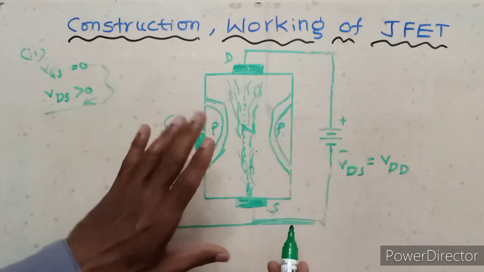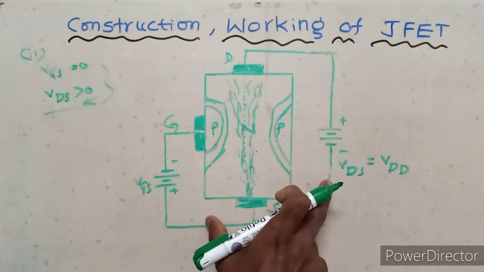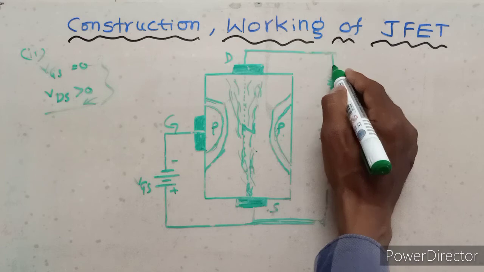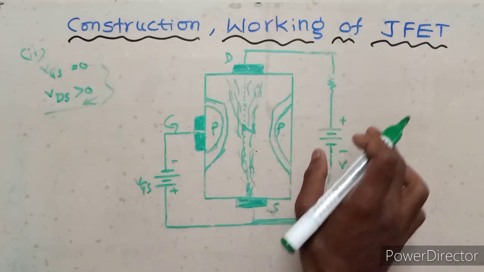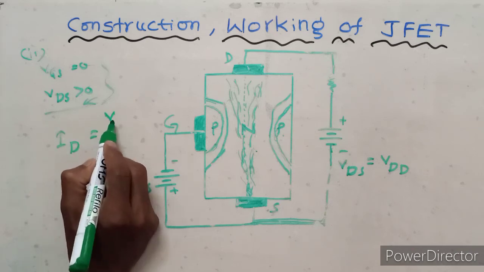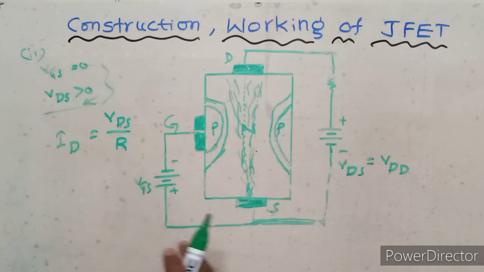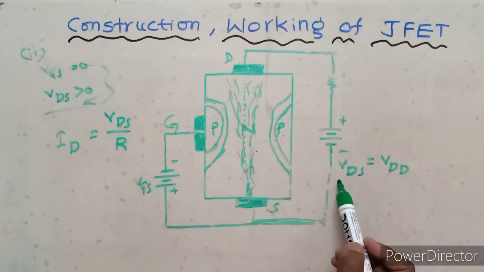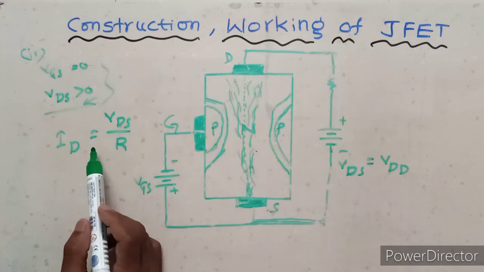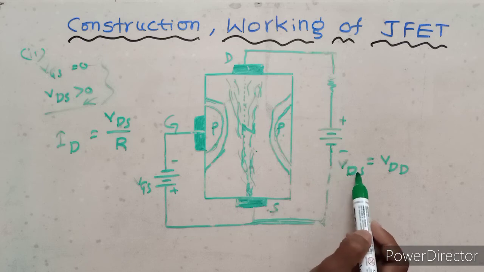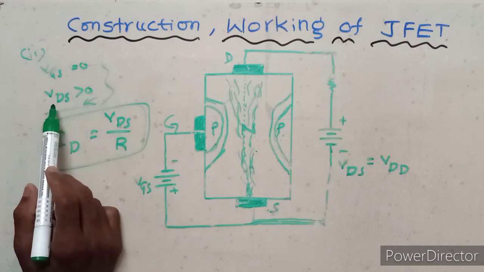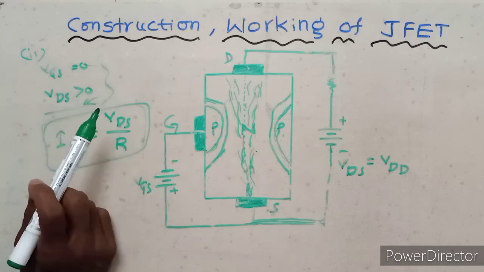In this condition the channel acts as a resistor, so the drain current ID equals VDS upon R, in the condition of VGS equals 0 and VDS greater than 0.